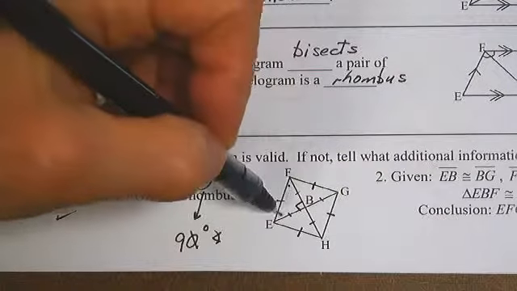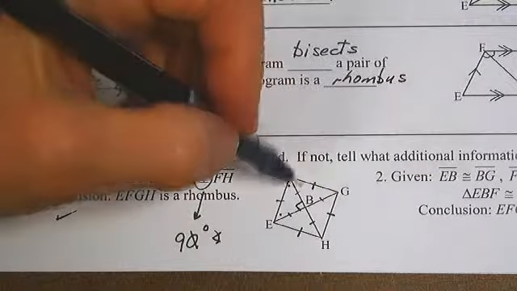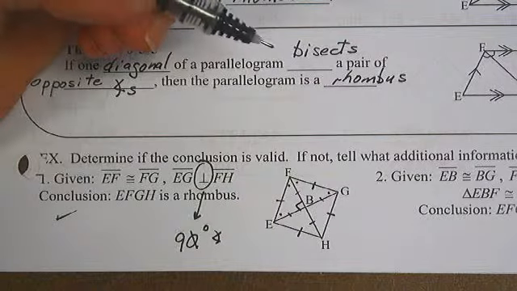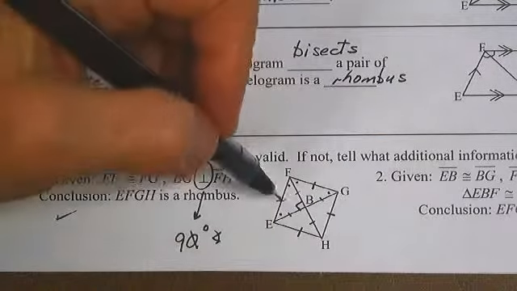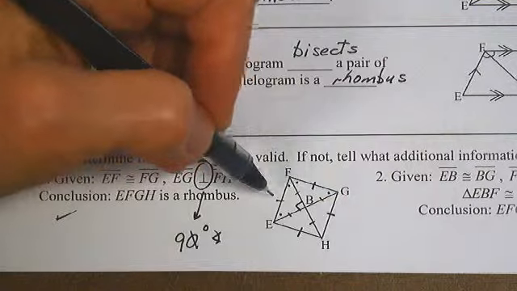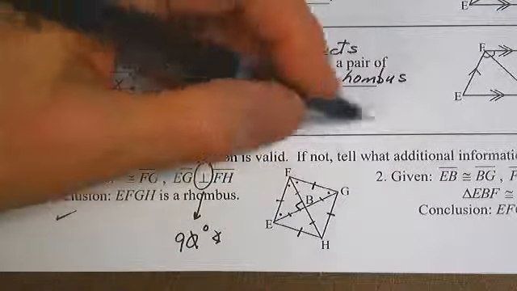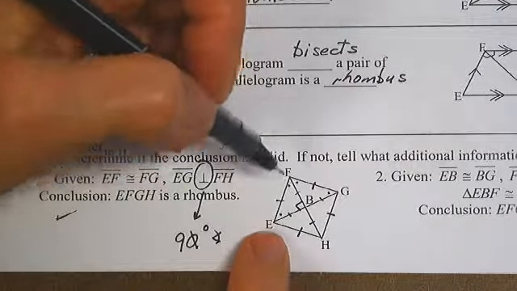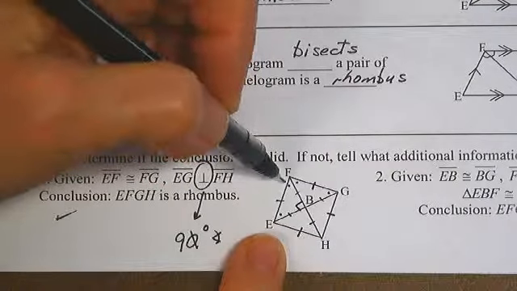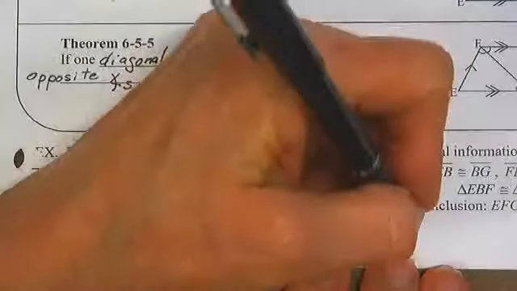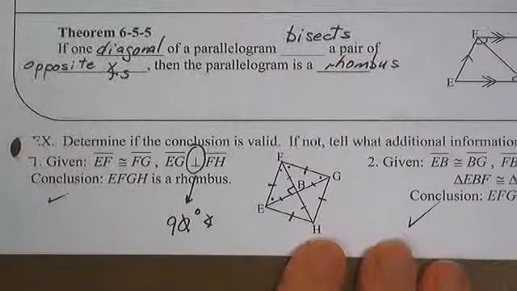This is 45 and this is 45. This is 45 and this is 45. We have isosceles right triangles, so we conclude this is a square because angle F is a right angle, therefore all the angles are right angles. Yes, it's necessary, it's sufficient.